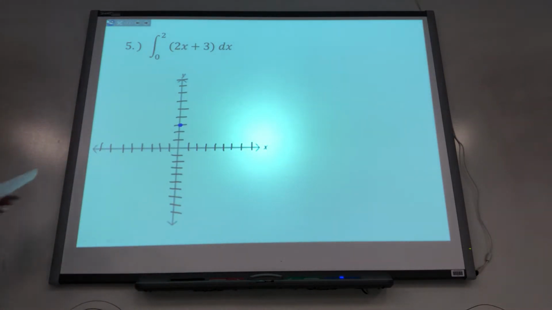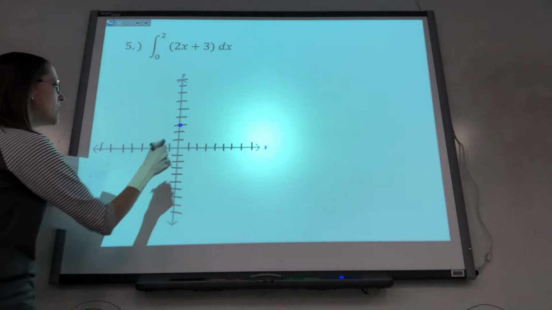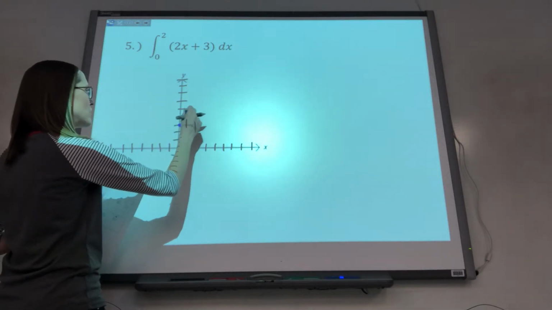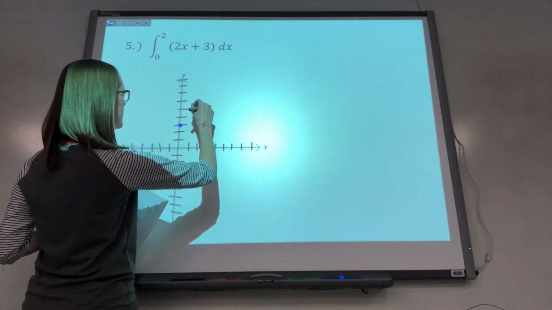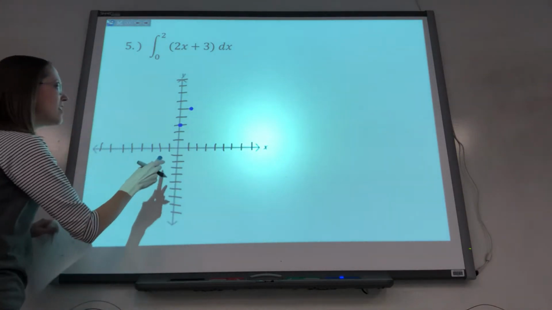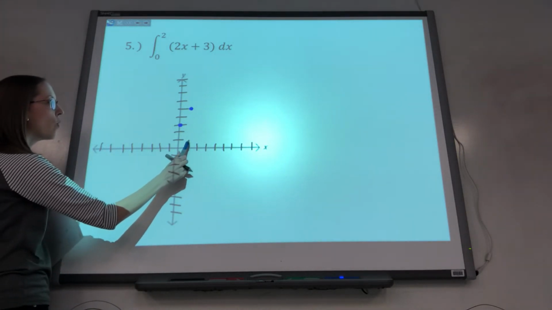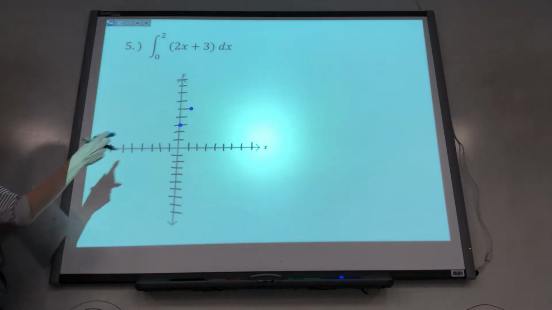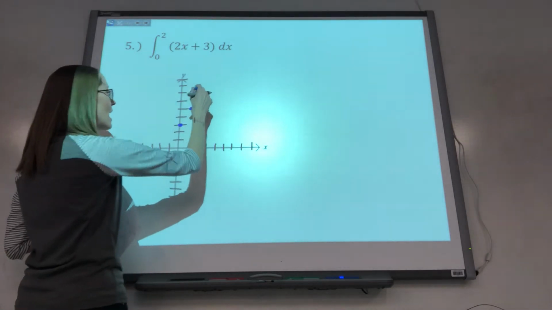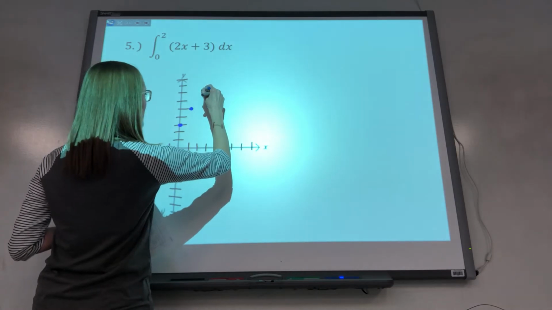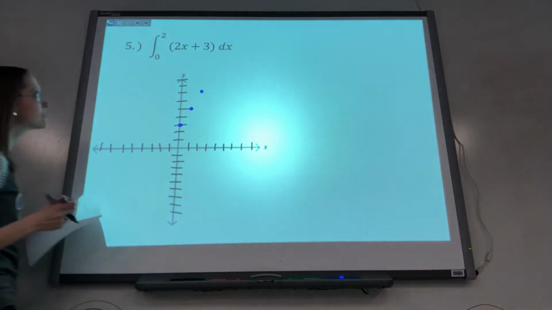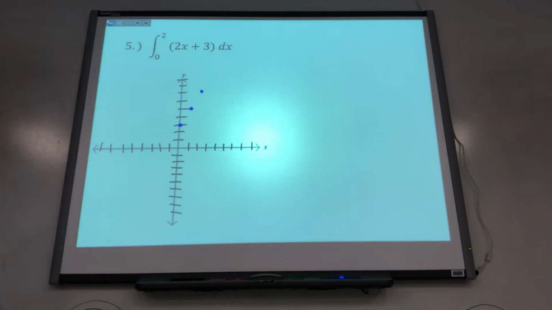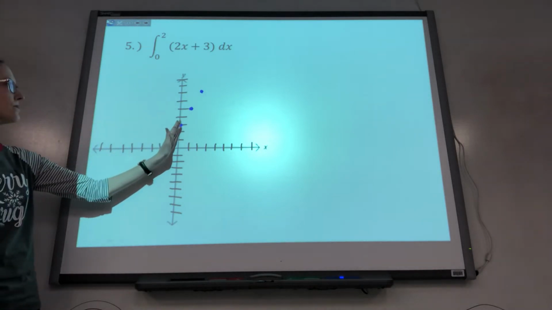Now I need a slope of 2, so I'm going to go up 2, right 1 to get to my next point. That would be at 1, 5. Then I'll go up 2, right 1 again to get to my next point. Now keep in mind the interval.